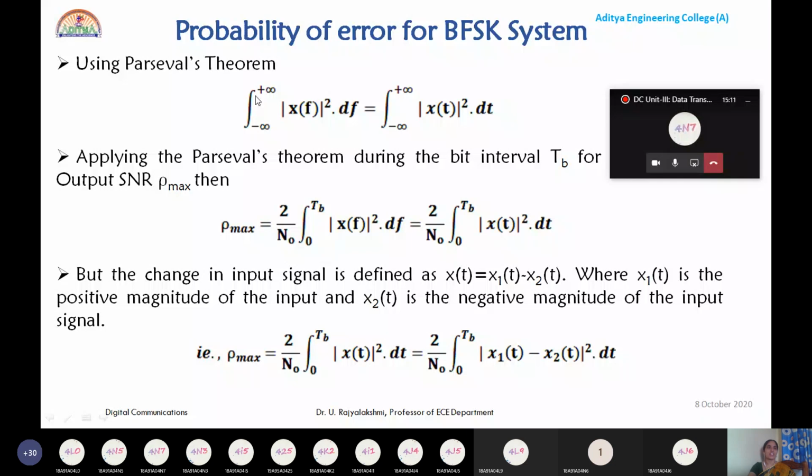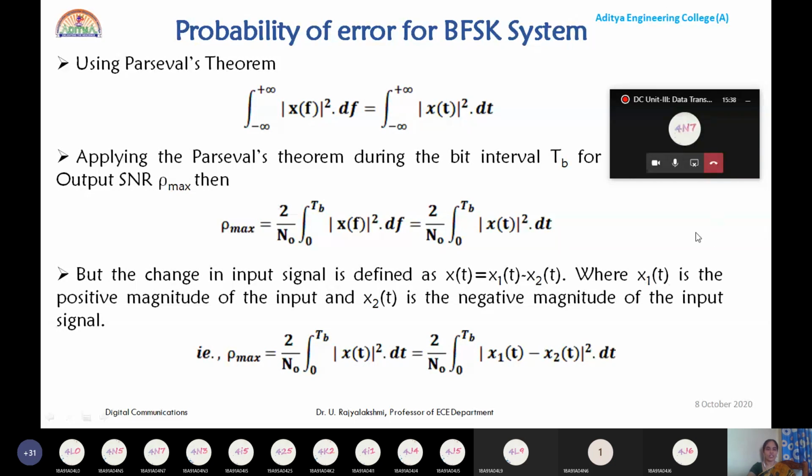In that, please replace mod X of f square df as mod x of t square dt using Parseval's theorem, and replace input noise power spectral density as N naught by 2. And x of t is the change in the input signal, so you can define it as x1 of t minus x2 of t. Up to this point, the same steps we have followed for all the derivations.